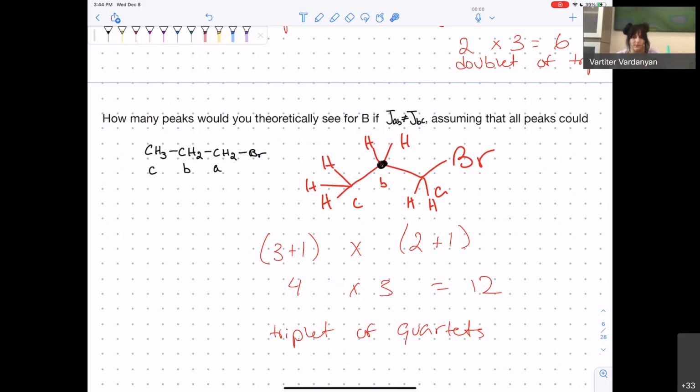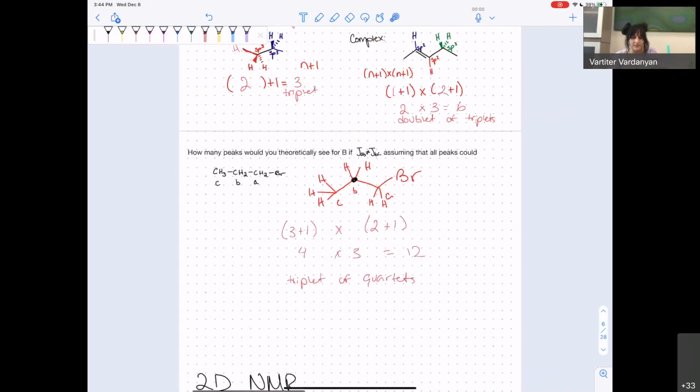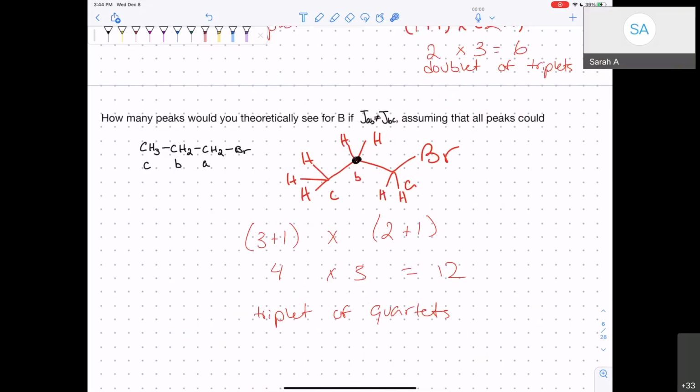Thank you. You're welcome. So is the not equal sign telling us it's complex splitting? Assuming complex splitting? Okay. So if it was telling us to do normal splitting, would we just have an equal sign? Exactly.